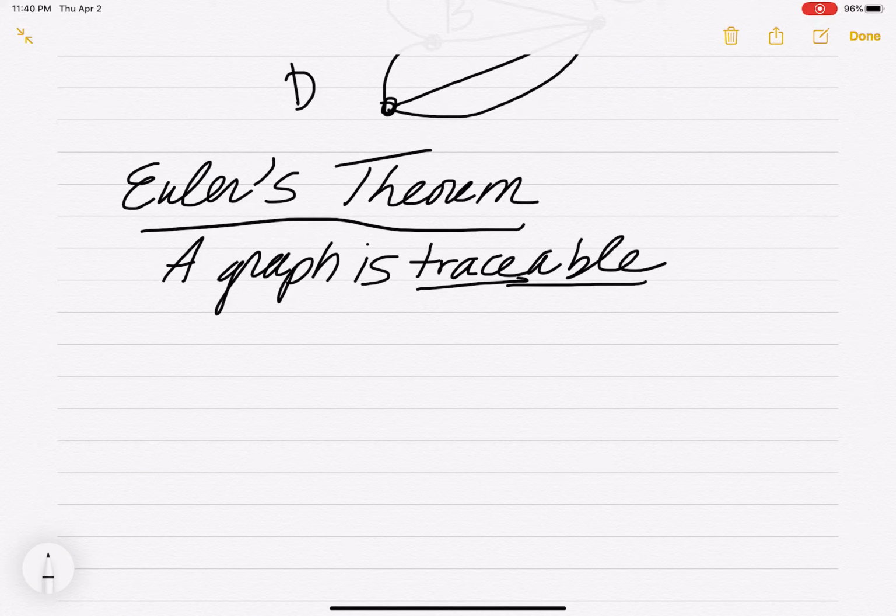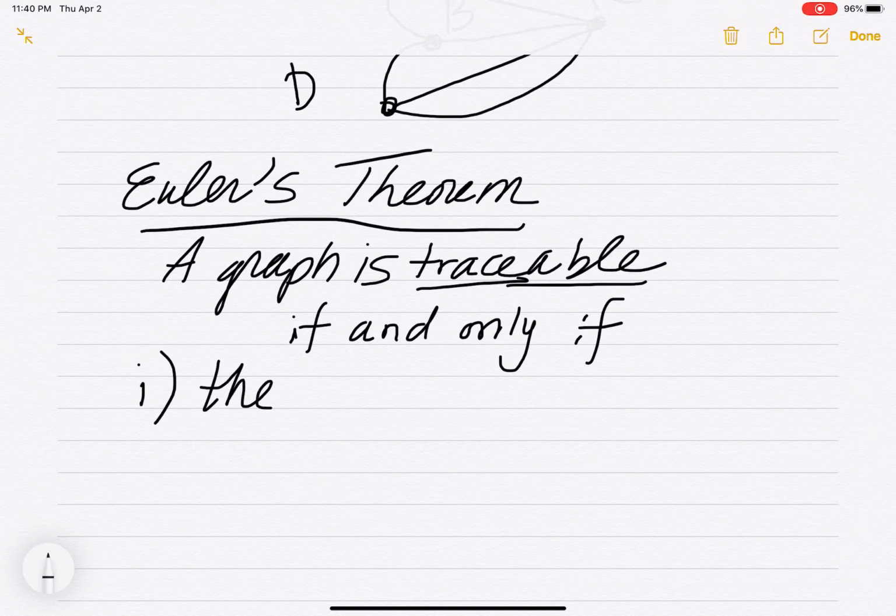So a graph is traceable if and only if two criteria hold. Number one, the graph is connected, so it has to be connected.